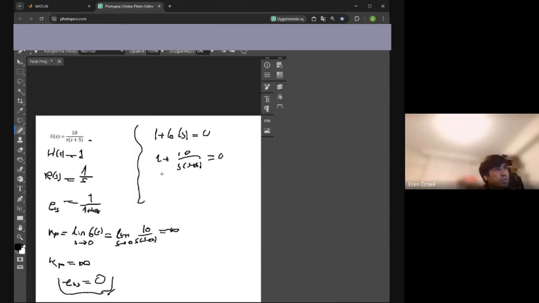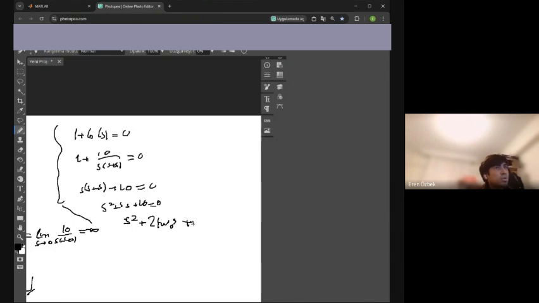Multiply both sides by s multiplied by (s plus 5), and we find s squared plus 5s plus 10 equals 0. Compare this with the standard second order equation, s squared plus 2 zeta omega n s plus omega n squared.